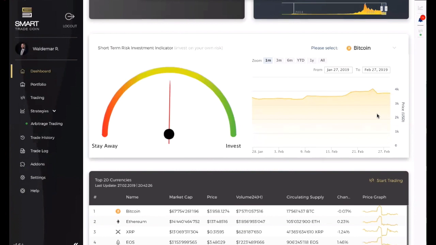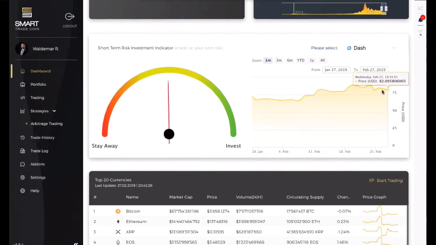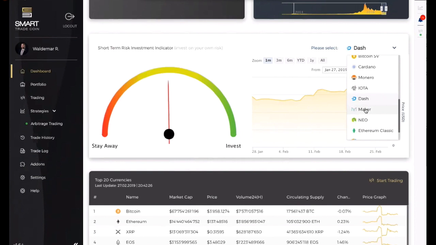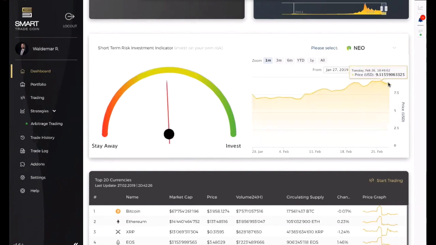If you yourself were engaged in classic trading, before you buy a cryptocurrency you would have to sit for a long time and analyze the fundamental and technical analysis, and according to that make certain movements. So this indicator simplifies everything, and for the trader it is also a great help.